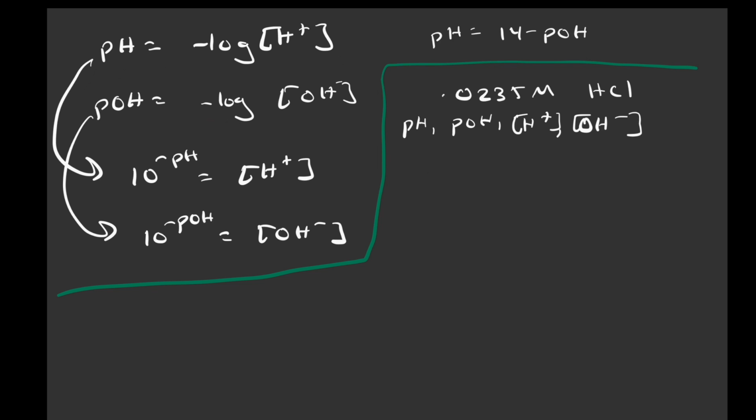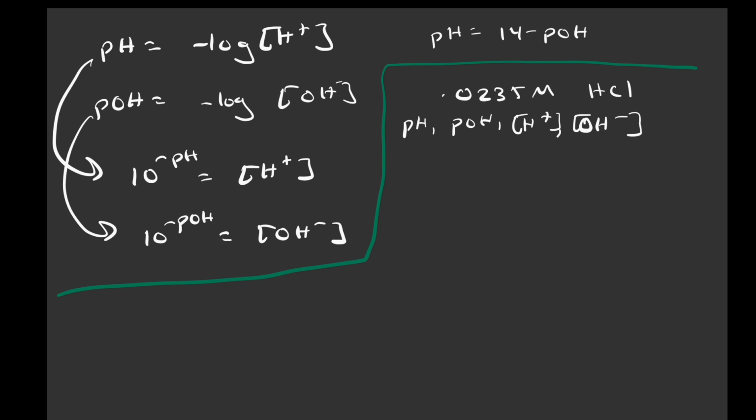Okay, so let's start with our math here. If we have 0.0235 molarity of HCl, that means we're going to have 0.0235 molarity of H plus. If you don't get that, we'll talk about it in the next couple of points, but just take my word for it for now.